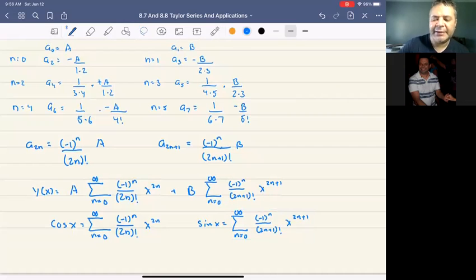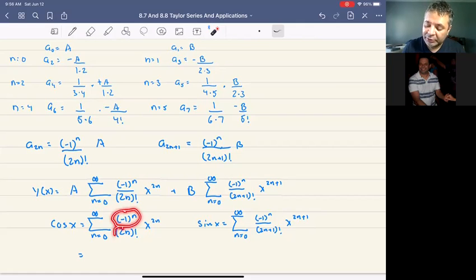You can look at the first few terms and you might have seen something like this before. Let's take n equals 0. We get negative 1 to the 0 is 1 over 2n factorial, and x to the 0 is 1.